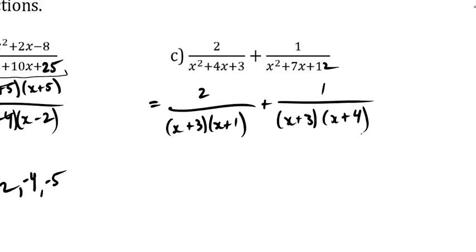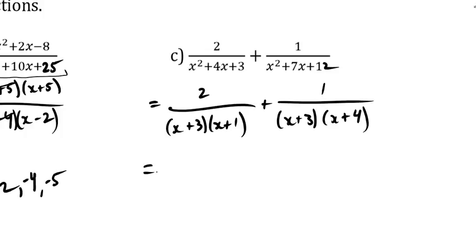On the right, I also have an x plus 3. But what's different are the other two factors, the x plus 1 and the x plus 4. So I have to add to the left everything from the right that's not already there, and I have to add to the right, not literally add, but by multiplying, everything from the left that's not already there.